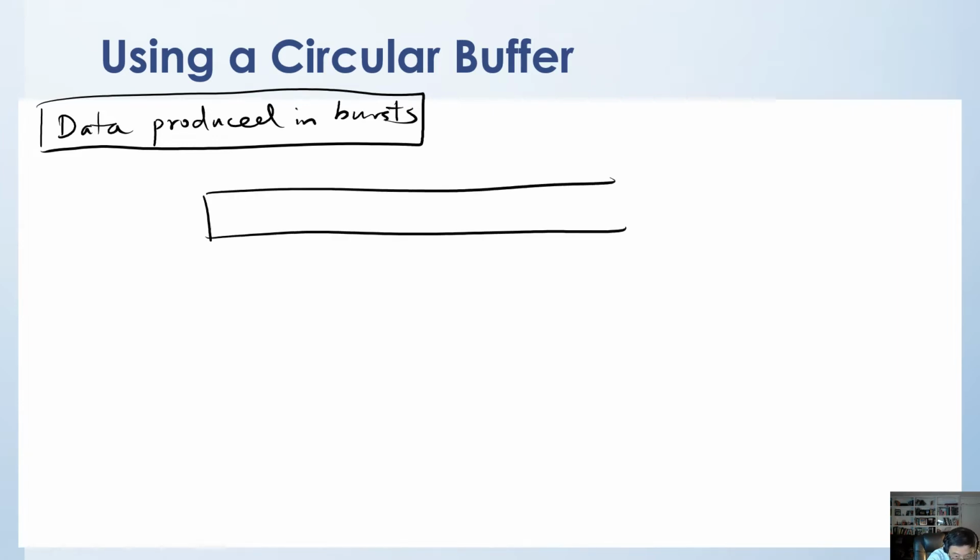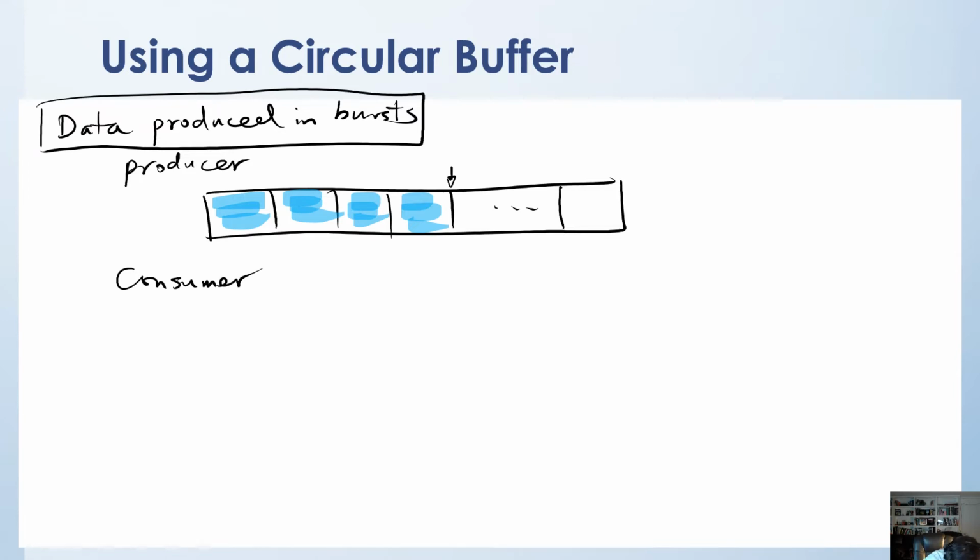So suppose I have a circular buffer. If the producer can produce a burst of data, like suddenly produce 4 items, the producer may stop over here, and then the consumer may slowly consume the data, 1, 2, 3, 4.